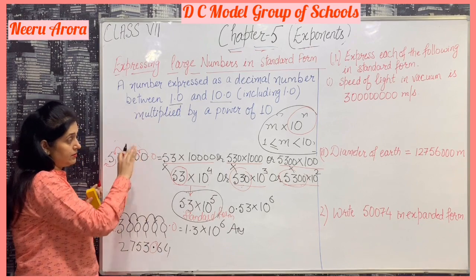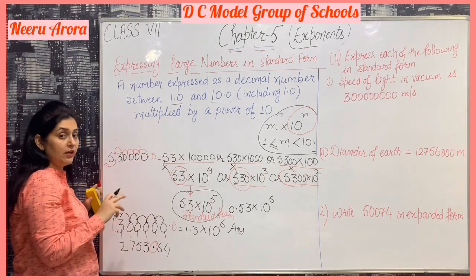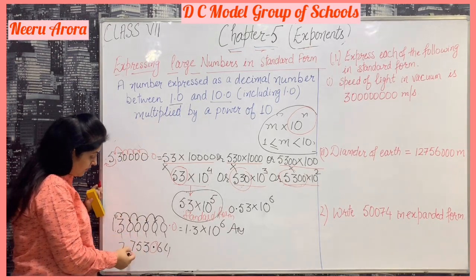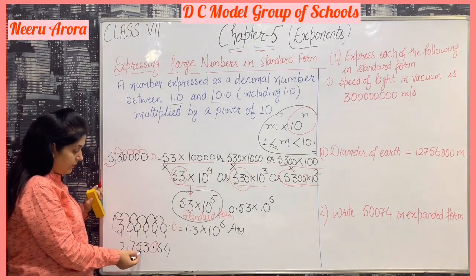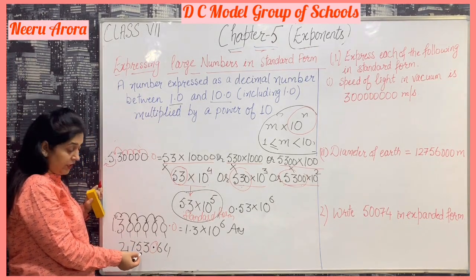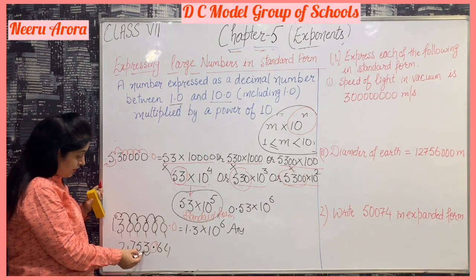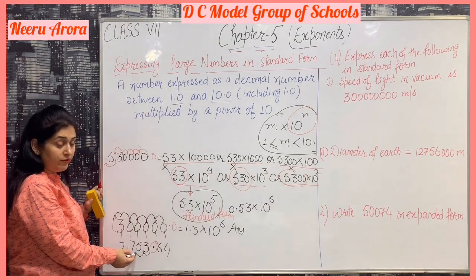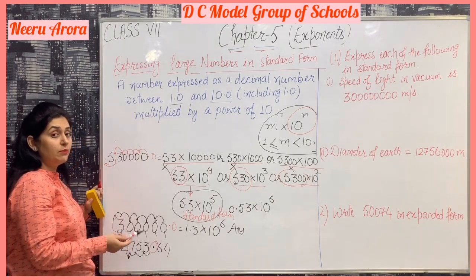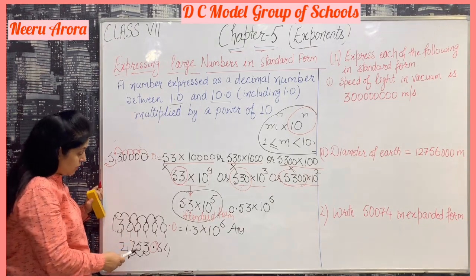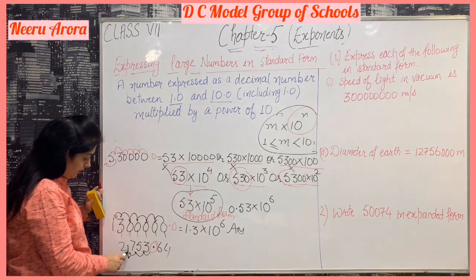Obviously our standard form number lies between 1 and 10. If I shift here, it will become 275.3. If I shift here, it becomes 27.5. If I shift here, it becomes 2.75. We want the number to lie between 1 and 10, so I shift the decimal here.